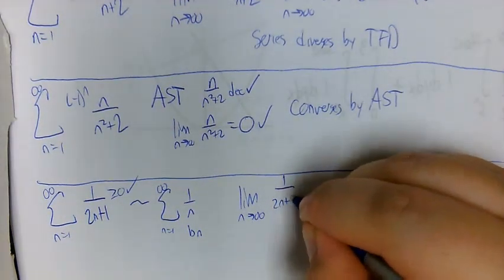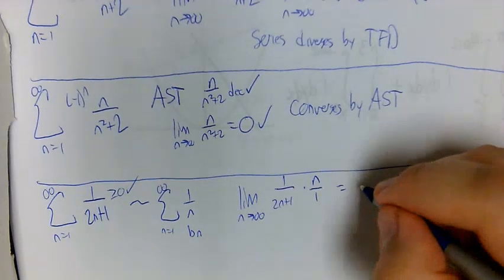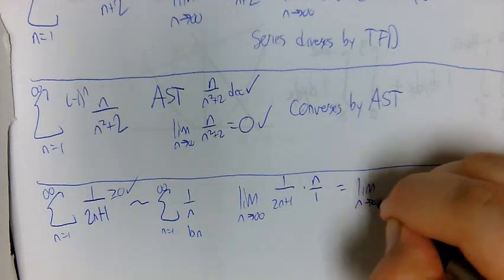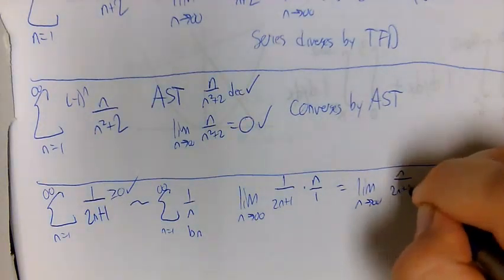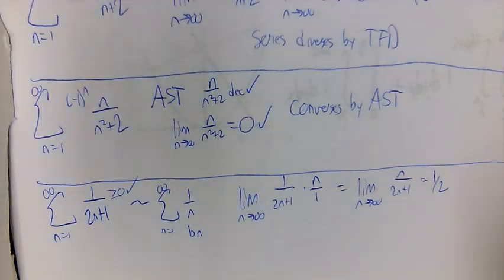Anyways, if I do the limit comparison test, divide by the reciprocal, I end up with this limit here, n over 2n plus 1, and that ends up being 1/2, because again, limit of rational functions.